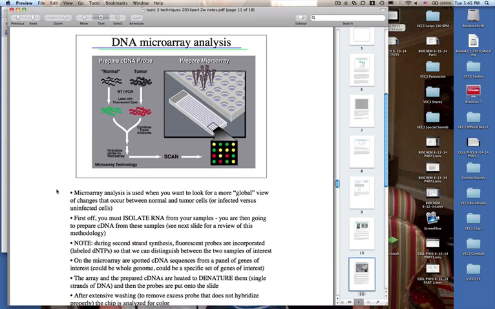So if there's, for instance, a cancer, a tumor that you've got, and you want to look at the expression of gene products in that tumor versus an area of the individual that doesn't seem to be tumorigenic, right? So a wild type area. You can look for differences in expression patterns of the mRNAs, or the genes of interest, by doing what we call microarray analysis.